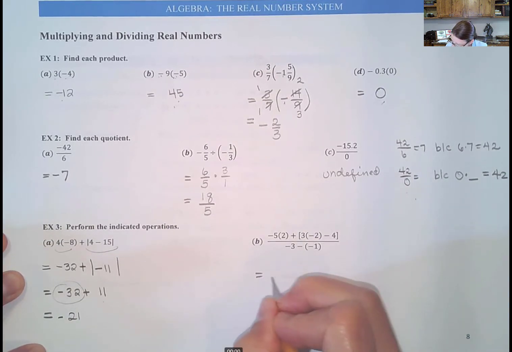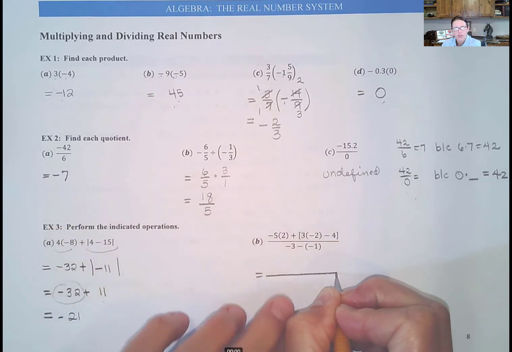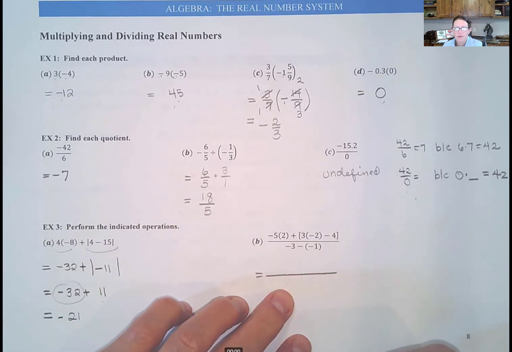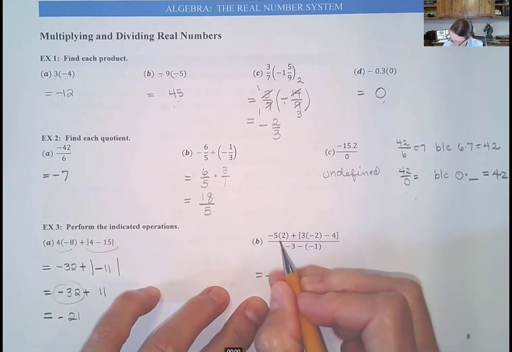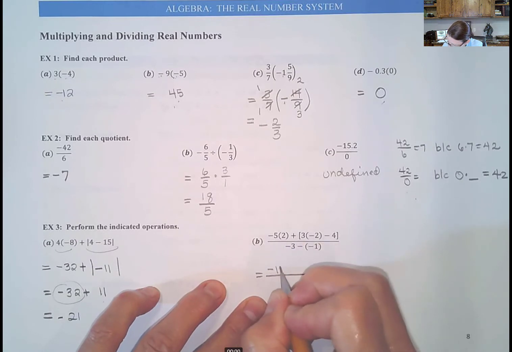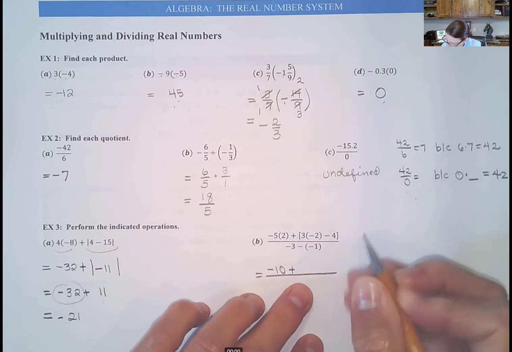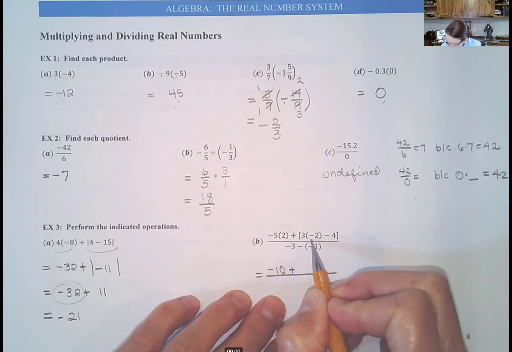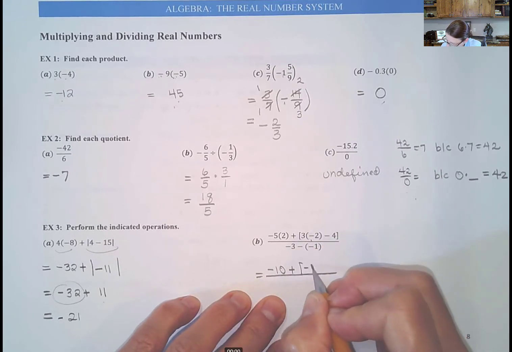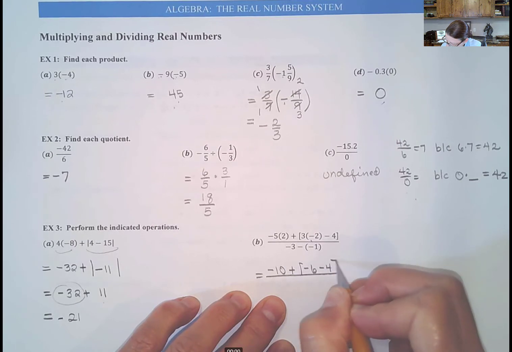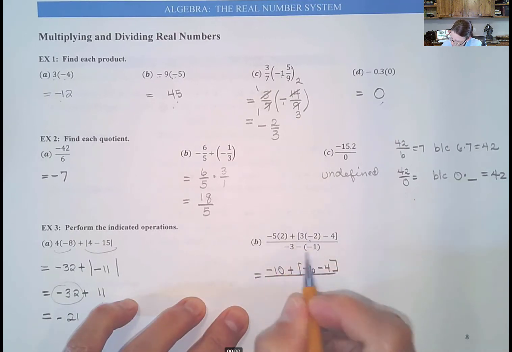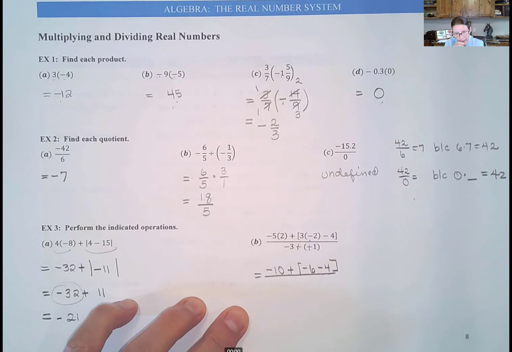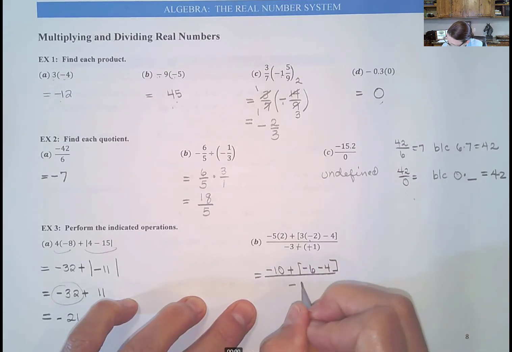Part B, we've got our long fraction bar. Let's work in the numerator and denominator separately. Numerator, negative 5 times 2 is negative 10. We can go ahead and do that. We've got a large grouping symbol here, multiplication. 3 times negative 2 is negative 6. In the denominator, we essentially have negative 3 plus 1, and that is negative 2.